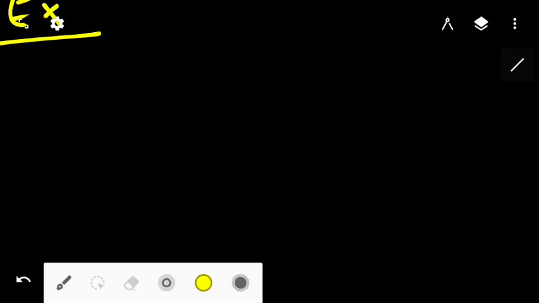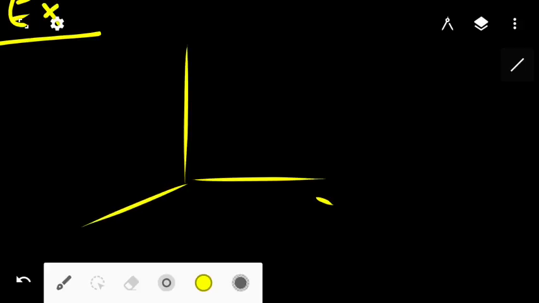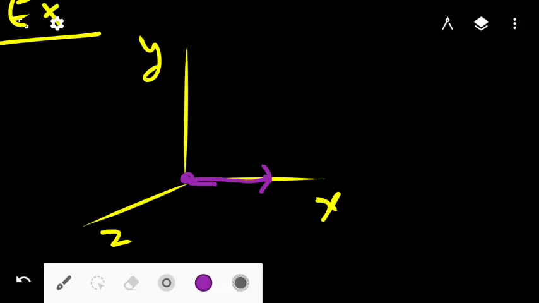So let's take an example. This is the y-axis, this is the x-axis, and this is the z-axis. Imagine you have been given a vector whose x component is ax, whose y component is ay, and whose z component is az.